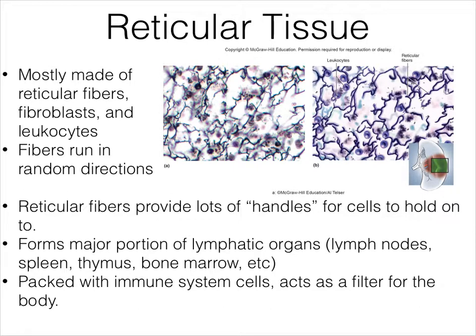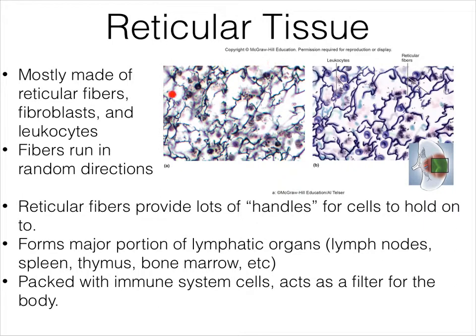You will see reticular tissue in organs that are optimized for dealing with the immune system, particularly your lymph nodes, your spleen, your thymus, and bone marrow. Those are all primary and secondary lymphatic system organs. We won't cover the lymphatic system until later, but those are all organs that deal, at least part of the time, with your immune system.